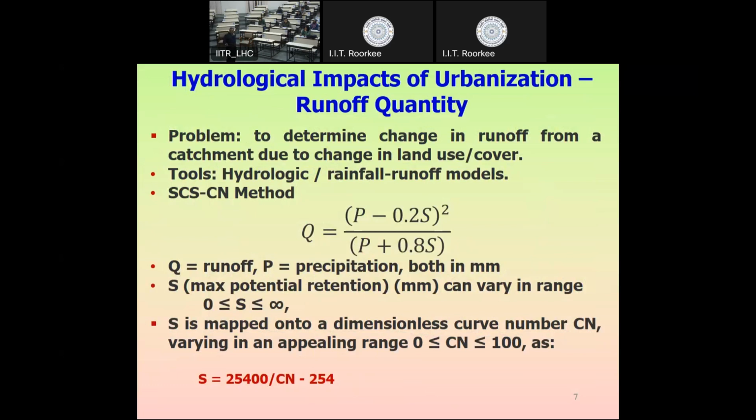As CN rises, S will reduce. For a surface like this, where I am standing, CN would be close to 100, say 98 or something like that. Why? Because this surface cannot absorb any water, it is something like polythene. So there will be no retention on this kind of surface.